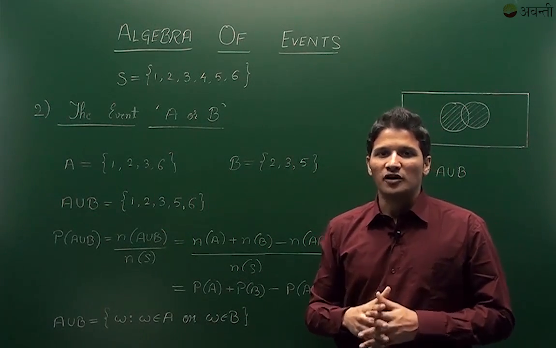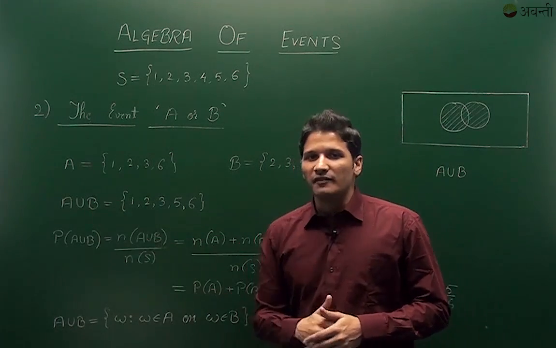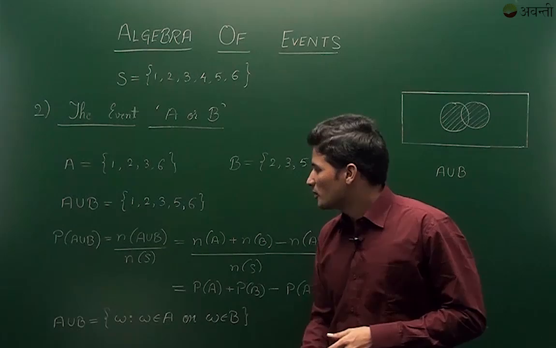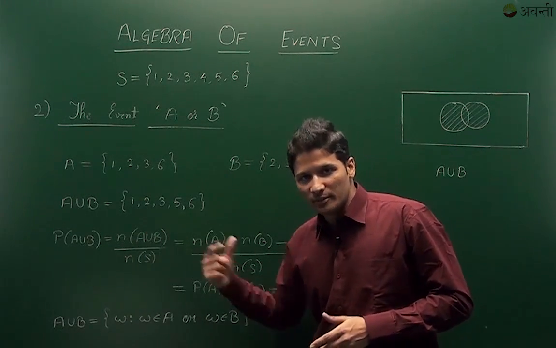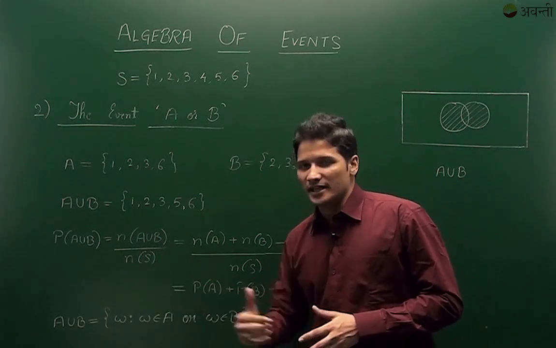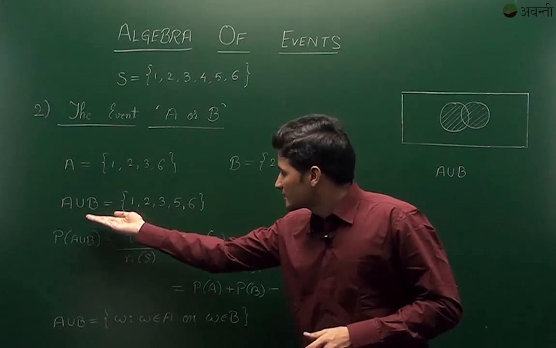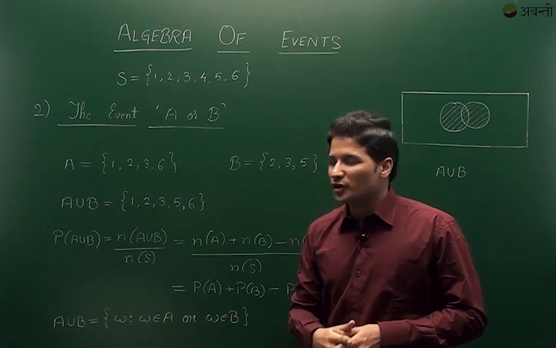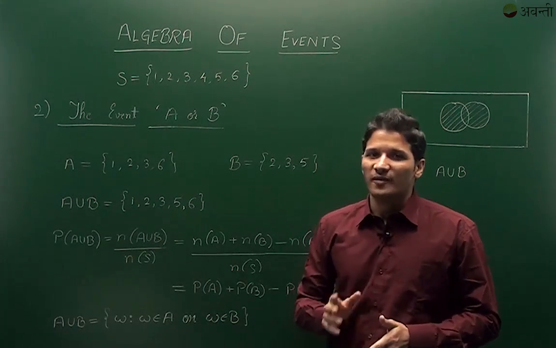Now if we have to find the probability of this event, we can use the same expression: probability of A union B equals number of elements in A union B divided by number of elements in set S. In this set we have 5 elements, and in the sample space we have 6 elements, so the probability of A union B will be 5 by 6.